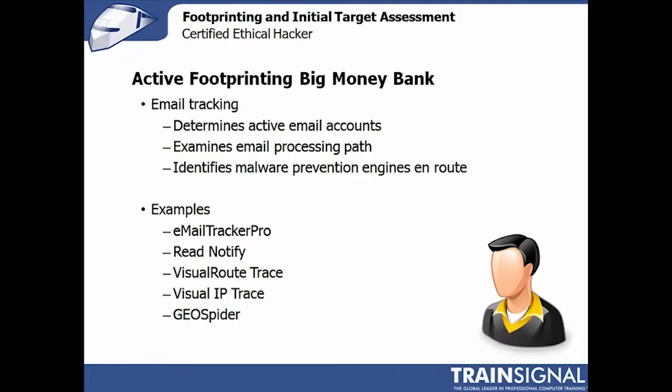It also shows me the difference between live accounts and non-live accounts or inactive accounts. And it helps me see where the barriers are, what's scanning email, what's preventing email from getting through versus what kind of email is getting through, what kind of attachments are being opened, and so forth.